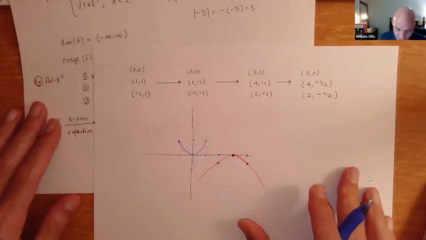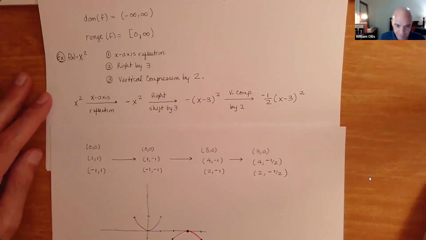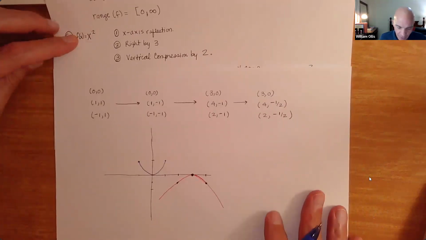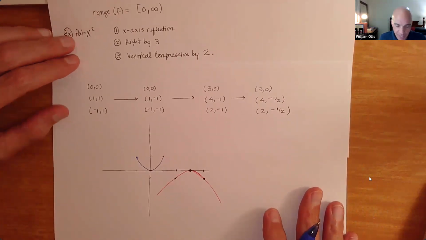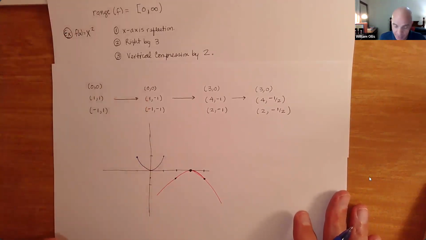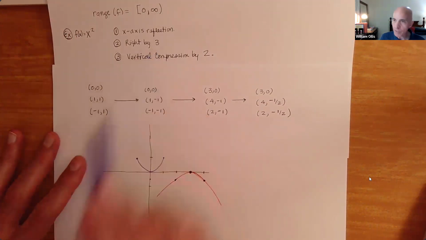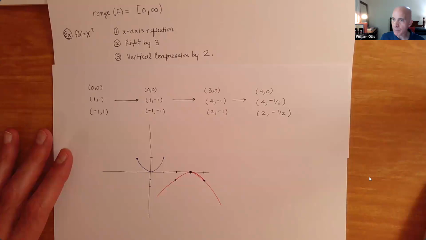If we go back to what we've done here, we have the x-axis reflection, which reflects the graph in the x-axis. We shift to the right by 3, and then we compress. When we compress vertically, the function actually becomes wider. It's less elongated. So this identifies with what we've done to the parent function.